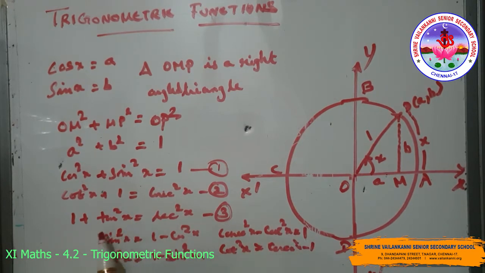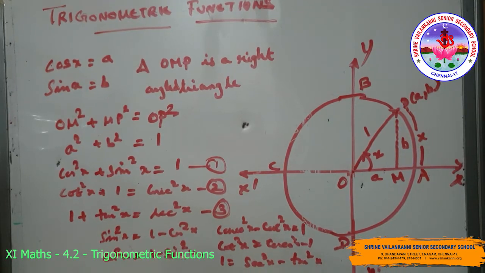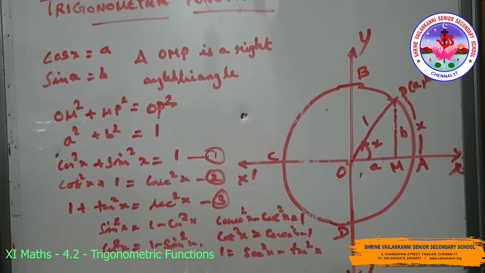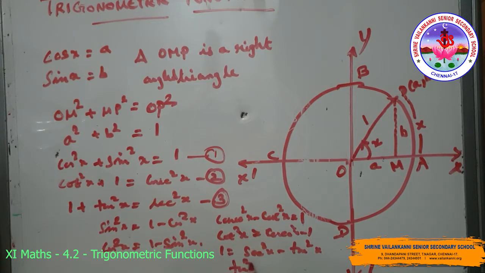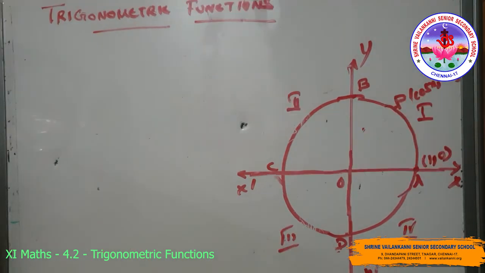From the third identity we can write 1 equal to secant square x minus tan square x, and tan square x as secant square x minus 1.